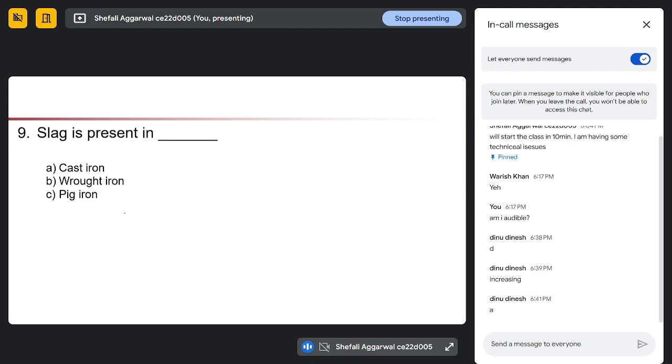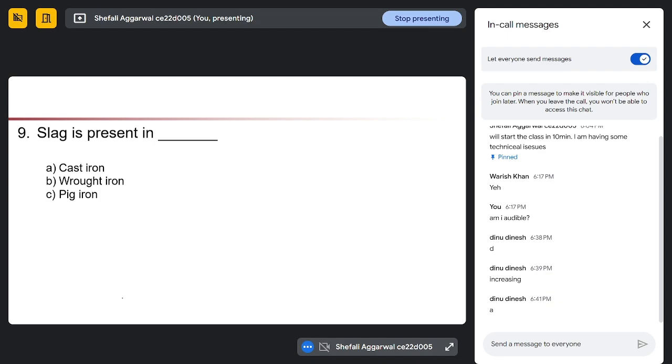Okay, so we talked about three types of iron: pig iron, cast iron, and wrought iron. In which type of iron was slag present?